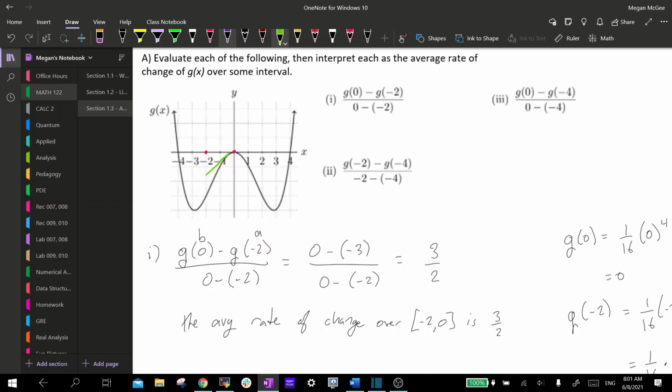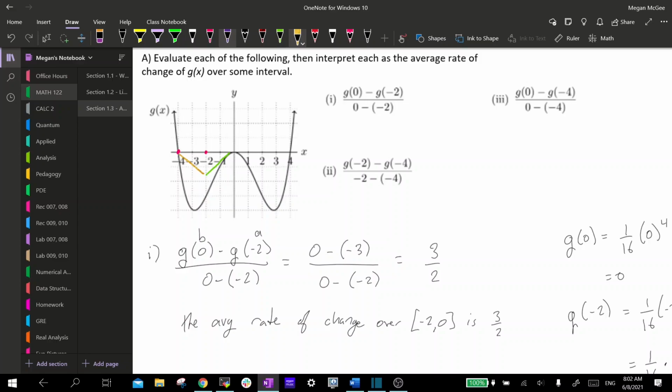Okay, so then our next interval was from -4 to -2. And we found that to be -3/2. So, saying that it is decreasing.